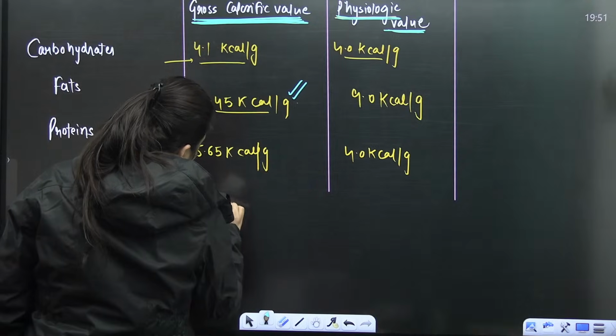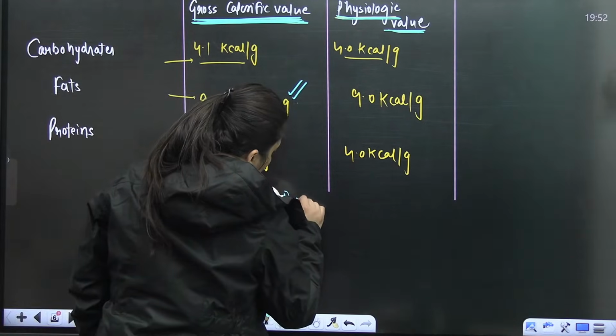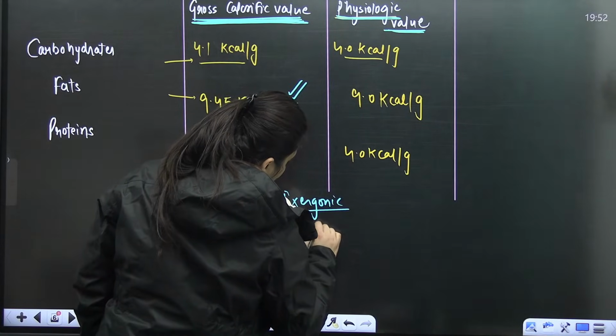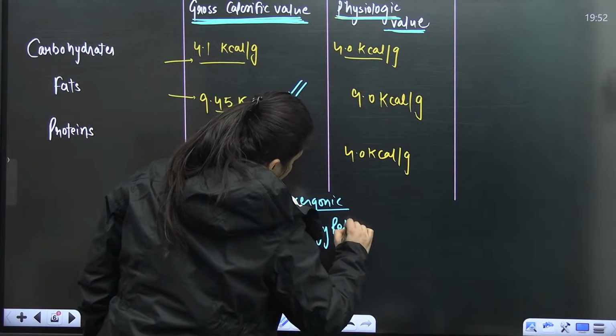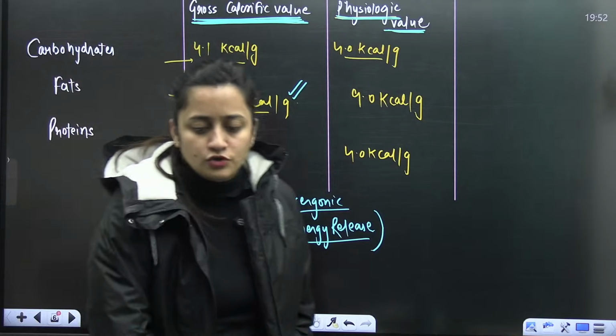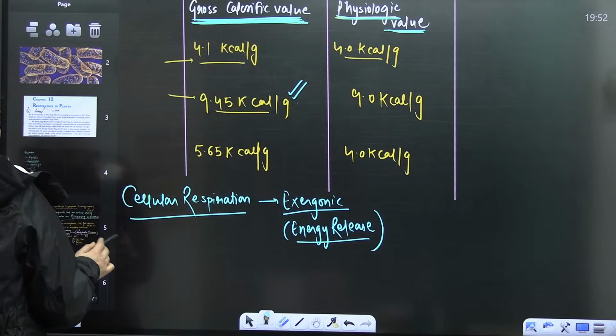And when you talk about cellular respiration, just keep it in your mind, it is going to release energy. Any doubt so far? So let's have a 1 minute revision quickly. We started with respiration.